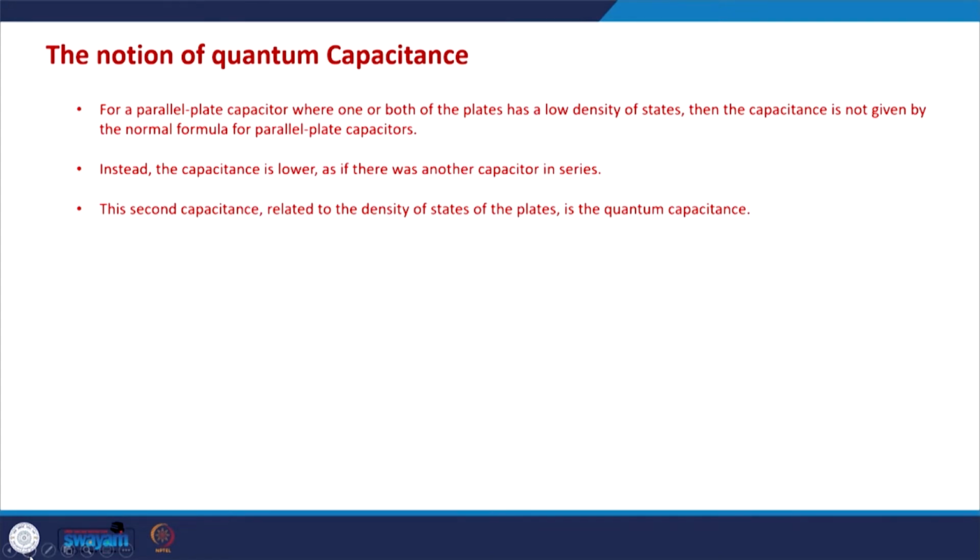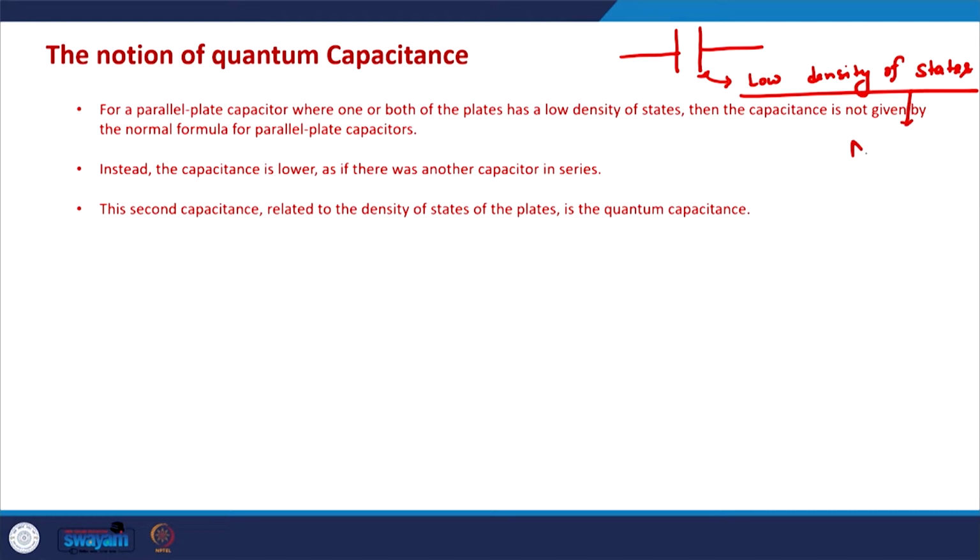So in a parallel plate capacitor, let's assume that one of the plates is a low density of states system, which means that the available electronic states are very few on one of the plates, or in other words, it's a nanostructure, it's a nanosystem, or it might be a quantum dot as well.